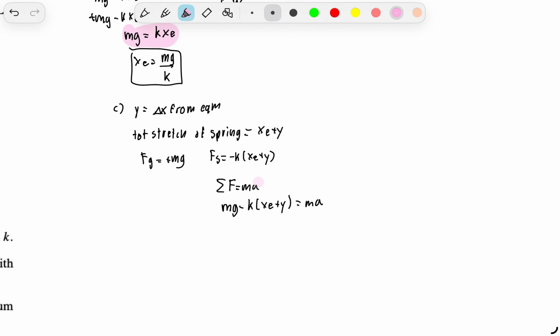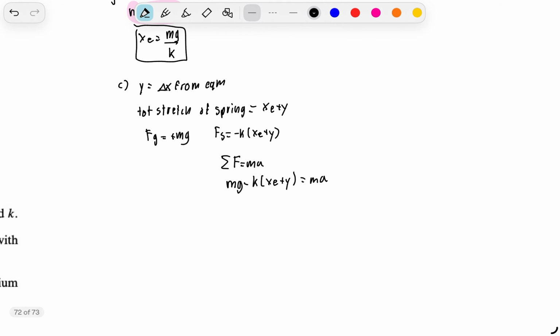From part B, we have this relationship, so we can substitute that here. Instead, we can write a k xe here if we distributed that.